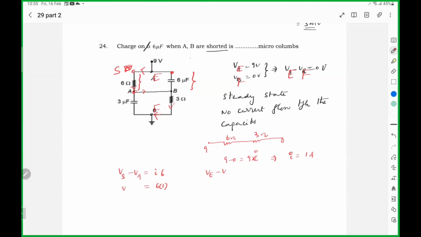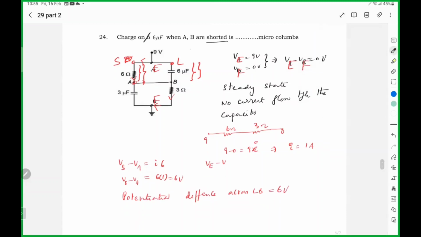So the potential difference across these 2 points is 6 volts. Even potential difference across LB also 6 volts.